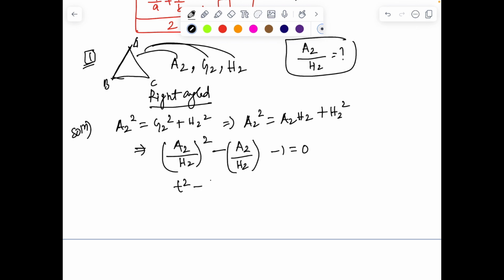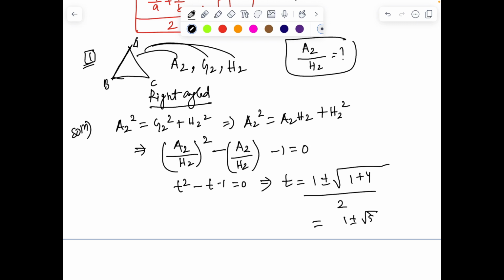So we have t square minus t minus 1 equals 0, which boils down to t equals (1 plus minus root over b square minus 4ac) by 2. So we have (1 plus minus root 5) by 2. So from here you can clearly see the value of A2 by H2 is the golden ratio, which is (1 plus root 5) by 2. So it was a basic question.